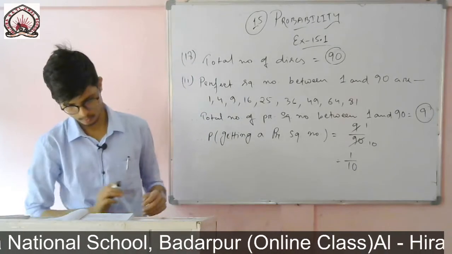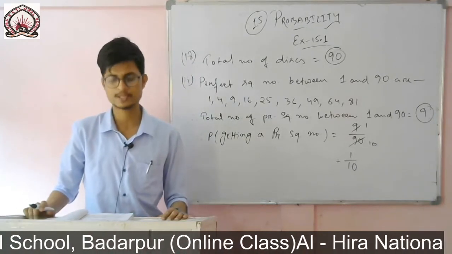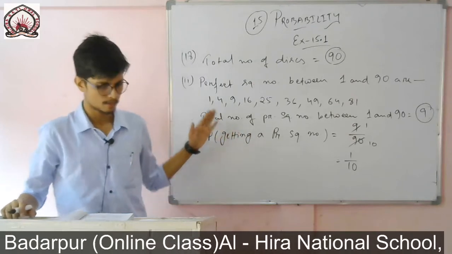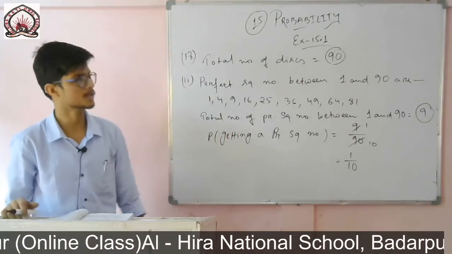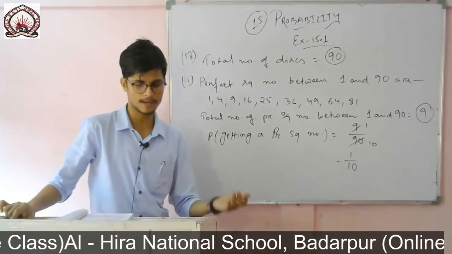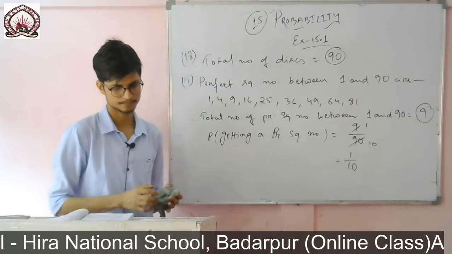So, now next one is to find a number divisible by 5. So, in between 1 and 90, those numbers which are divisible by 5, I will find first of all.